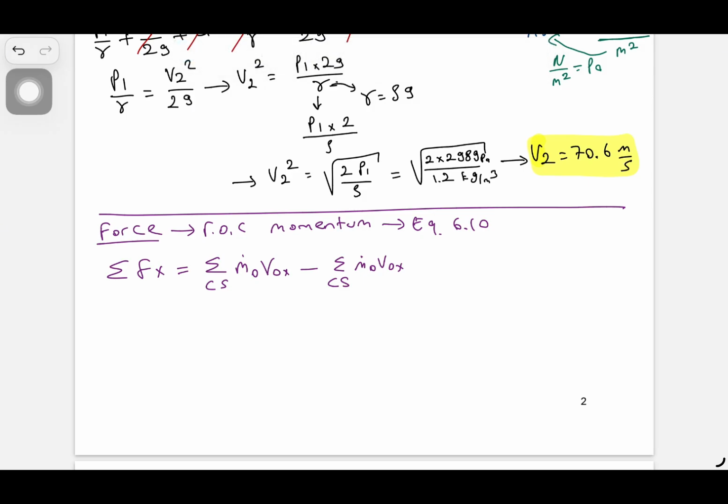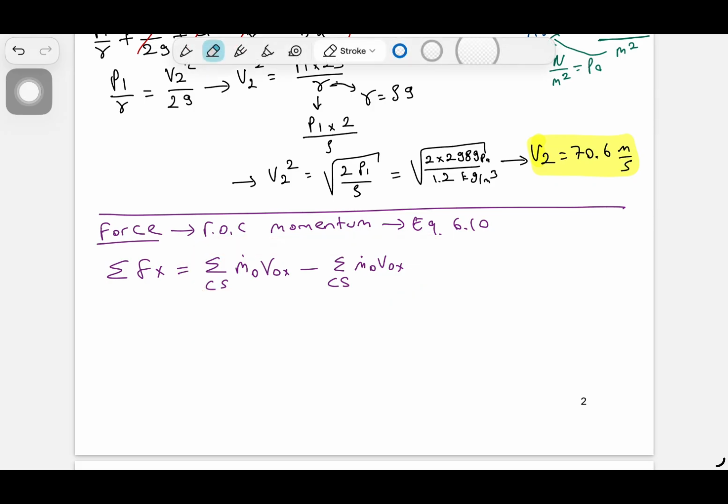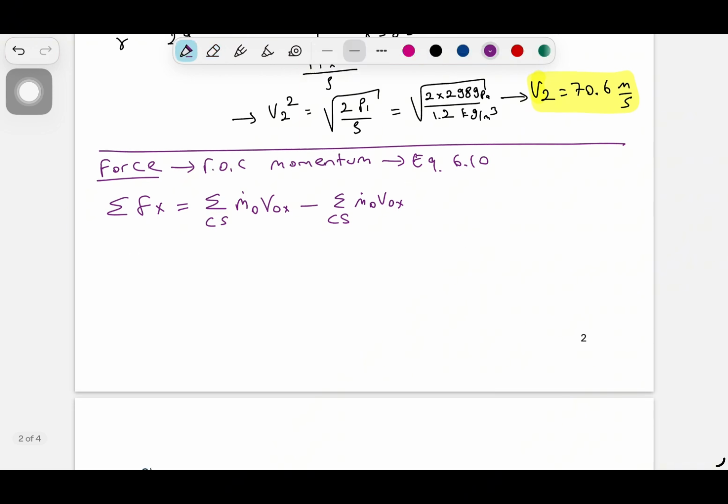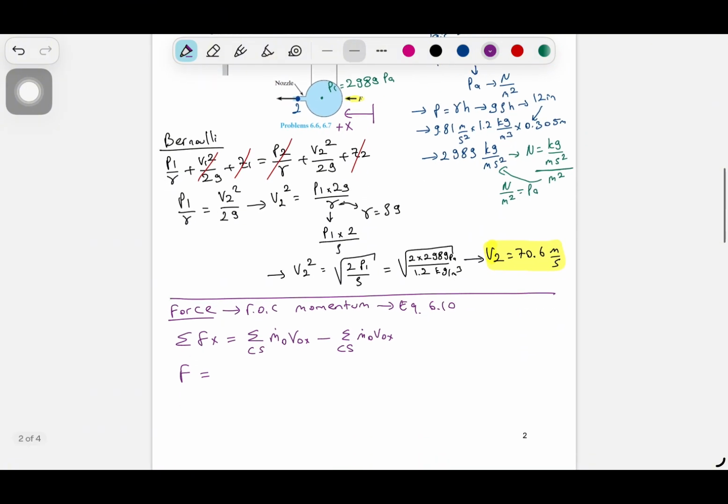If you remember from week 6, we were using the continuity equation. It was very similar to this one, except right now we are multiplying by velocity for both the out and in terms. When we do that, we will get F is equal to, let's see the sign.